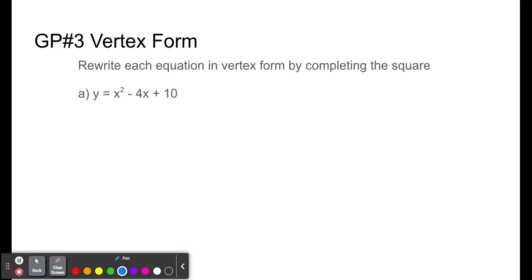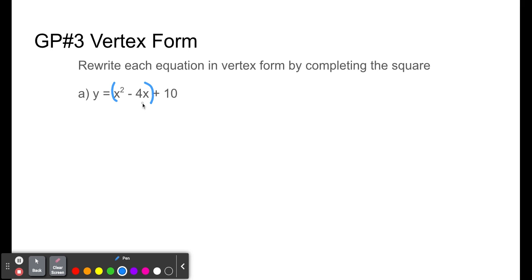Now notice here that our C term, the 10, is not a perfect square. So currently we cannot apply the perfect square trinomial to this polynomial. So what we're going to do is simply focus on the first two terms like we saw yesterday in order to complete the square. So we're going to take those first two terms and group them together.